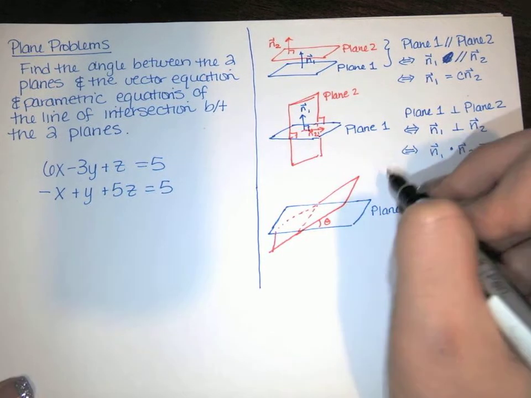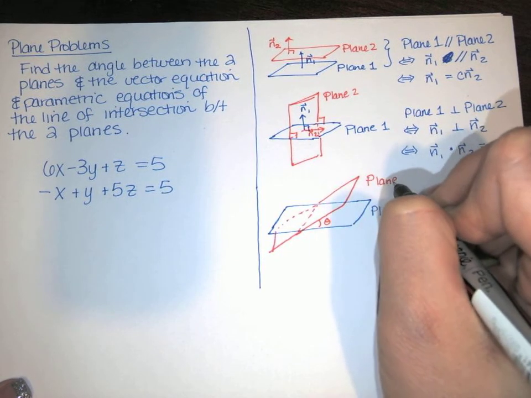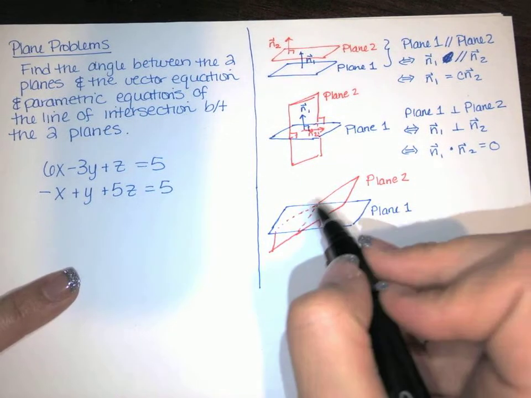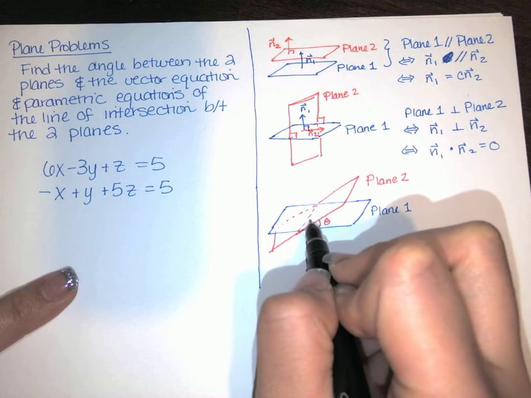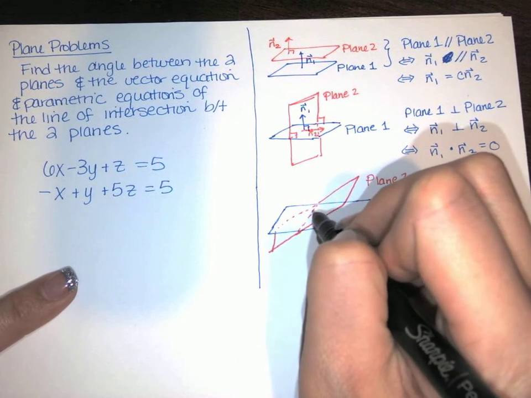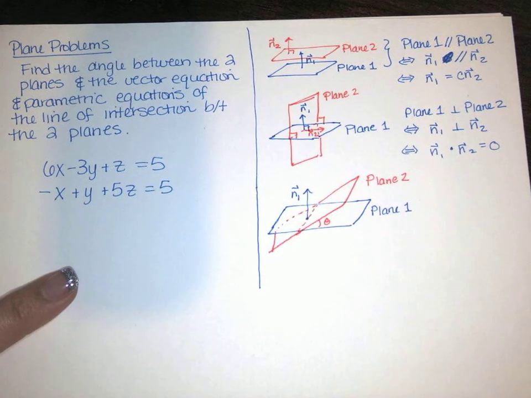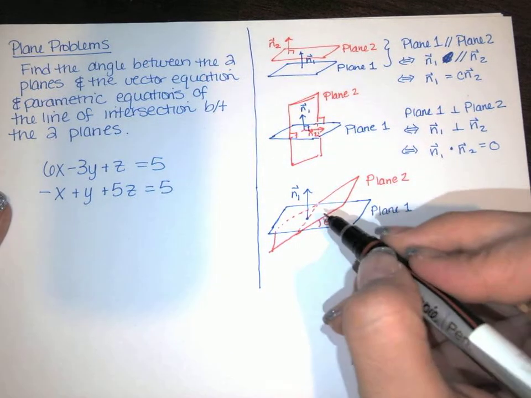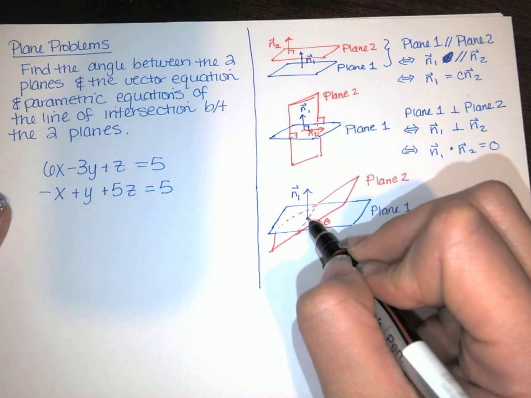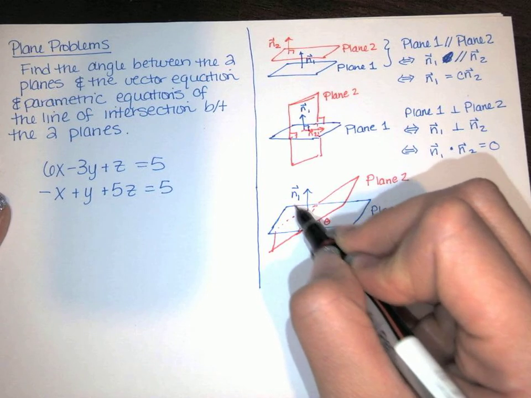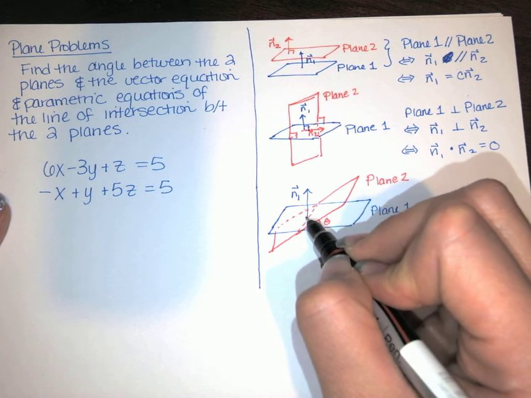All right. Now, it's possible that this normal vector to plane 1 is pointing just straight up, and the normal vector to plane 2 is at a different angle over here. It's pointing straight up from this plane.